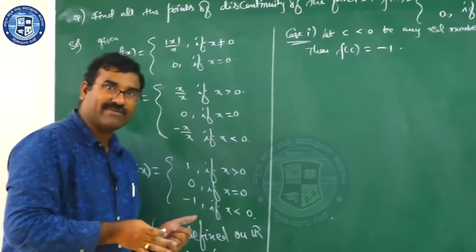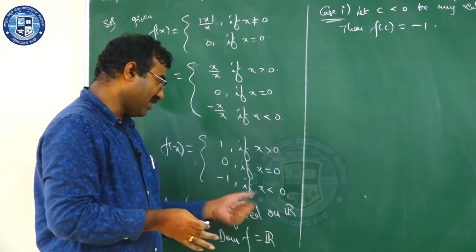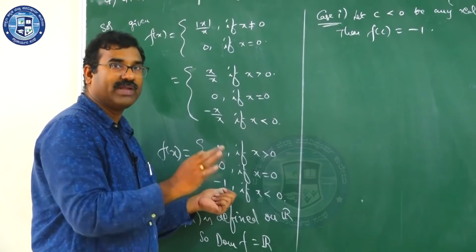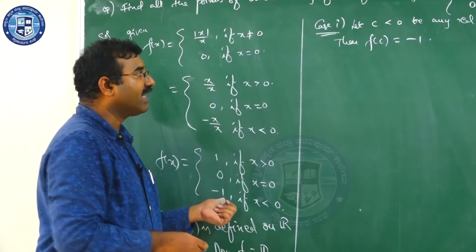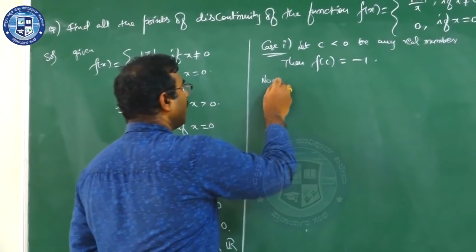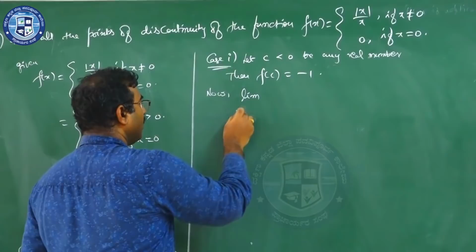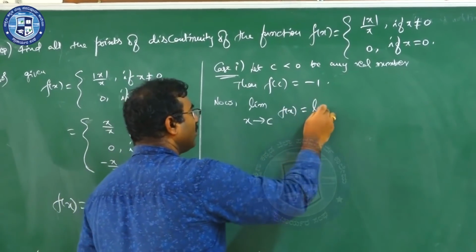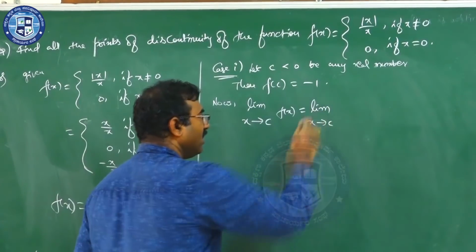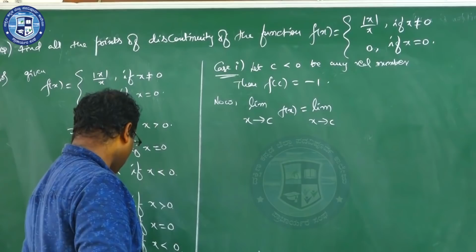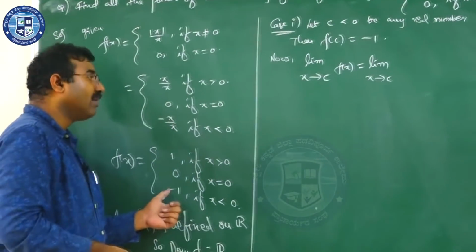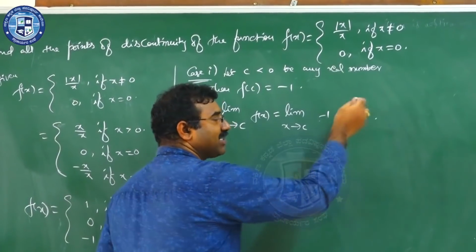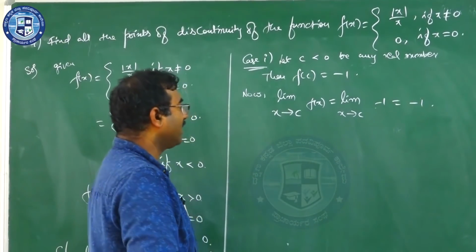Now, whether left hand and right hand limits are required? No, not required, because for all x less than 0 the function is defined as minus 1. That's why we won't work out left hand and right hand limits here. Now limit x tends to c of f(x) is equal to limit x tends to c of minus 1. Limit of a constant is the constant, minus 1, right.